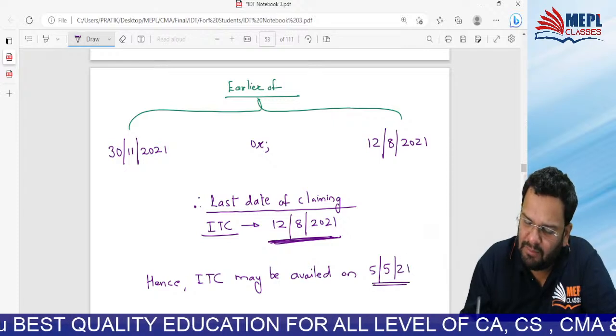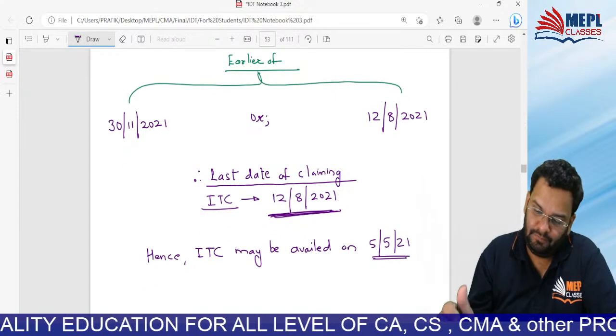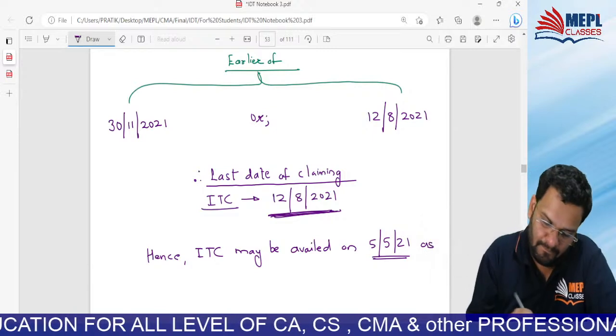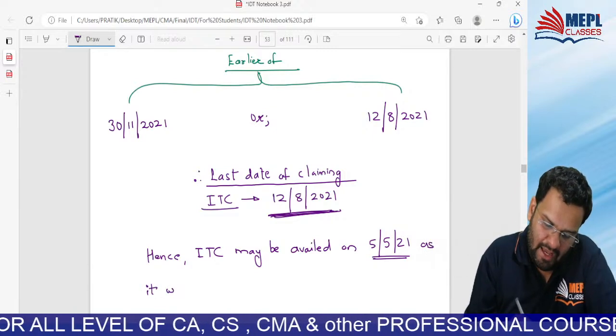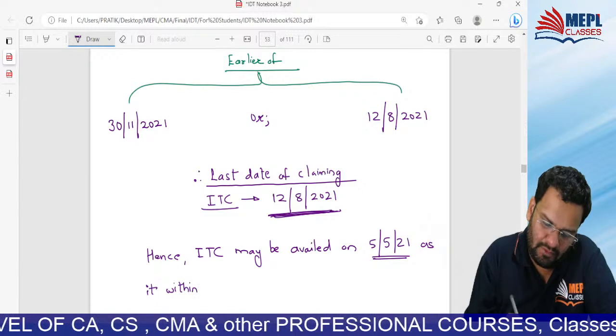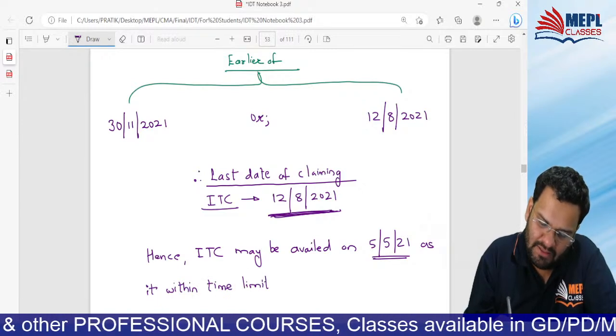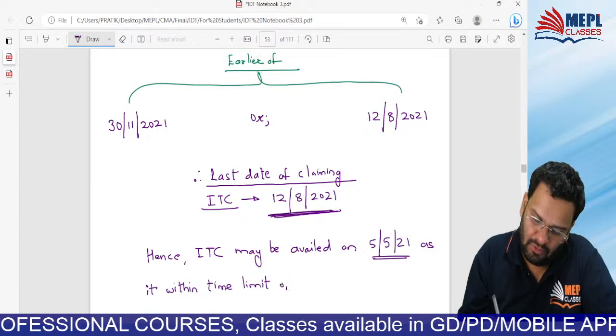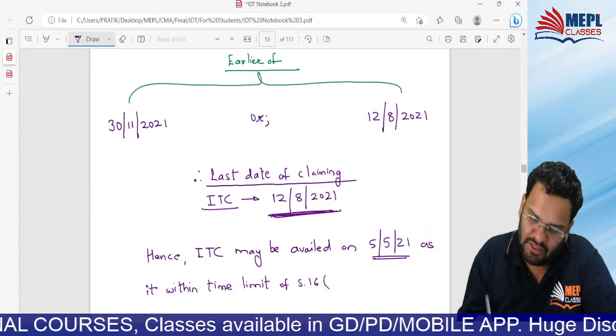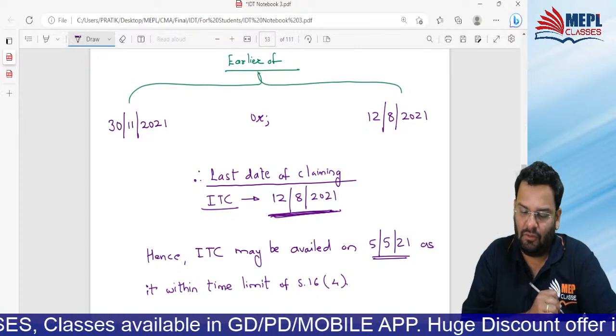It is within the time limit, as it is within time limit of section 16, subsection 4.